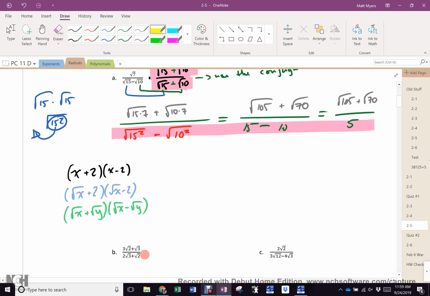Green. Okay. So, according to the green one, what do you think our conjugate here would be? Two root 3 minus root 2. Now, you're right. So what would the numerator be? Same thing, because it's got to equal 1, right?